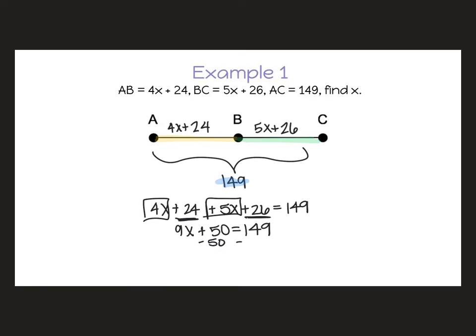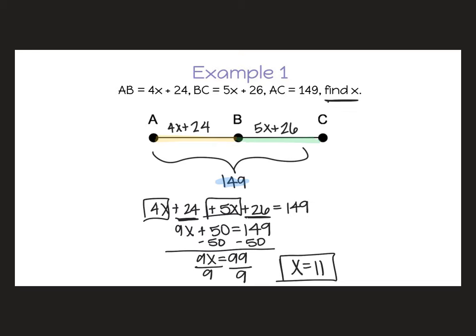Subtract 50 from both sides. And lastly, divide by 9. And I would get x equals 11. You just want to go back up to the original problem and make sure that you just need to solve for x. And I do. So we're done with that one.